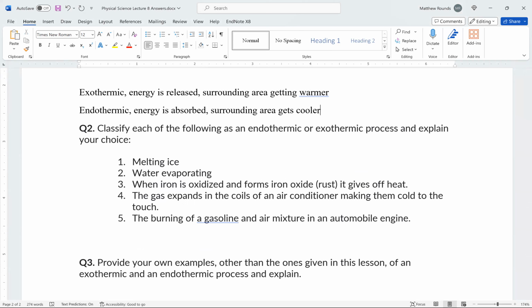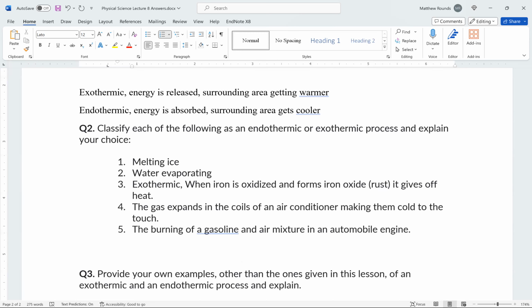Sometimes it's really hard to know. But like number three here, it gives off heat. That's clearly exothermic.